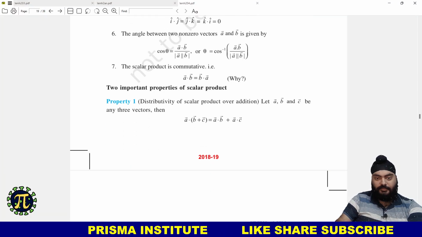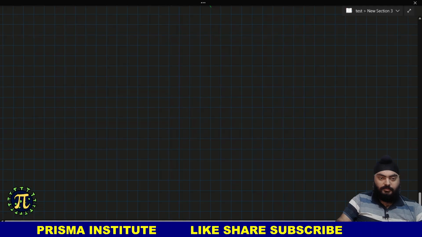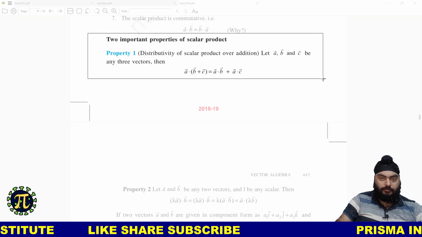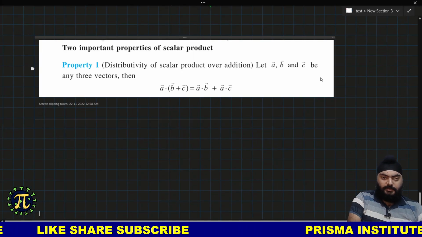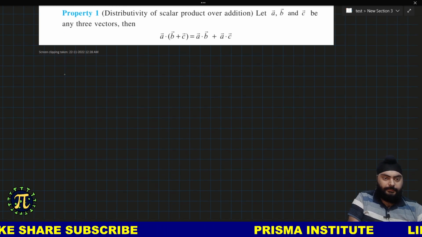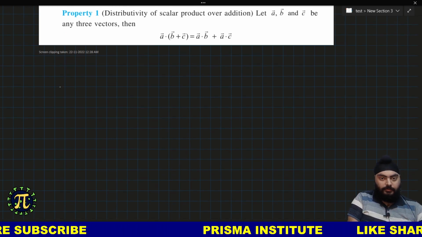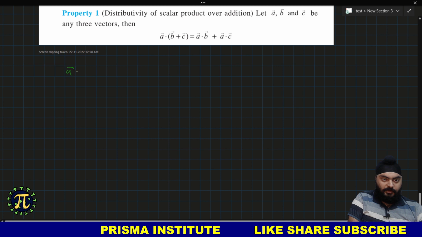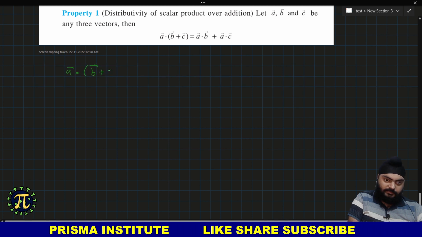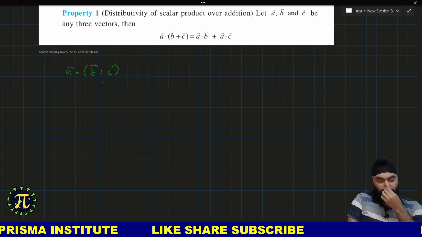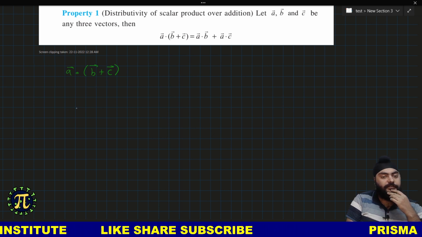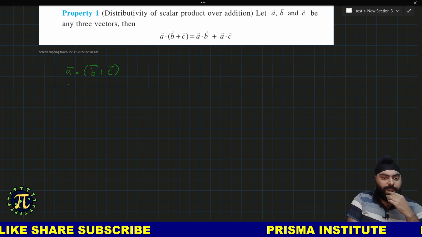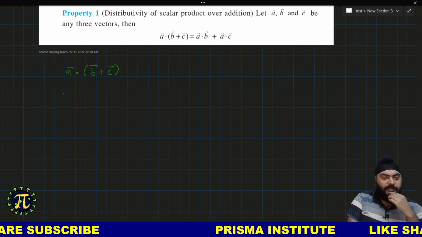Now it is talking about the distributive law, okay? So the distributive law is fine, and this is simple enough to prove. So a dot (b plus c), you can prove this using the component definition or also using lengths. So I will use the component form.